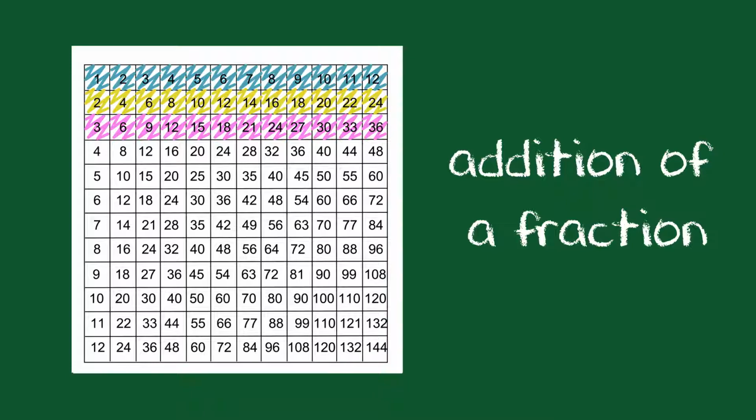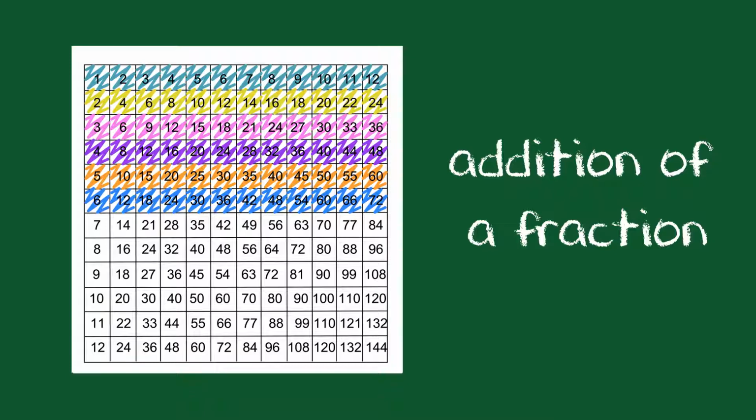We're gonna break it down now cause we in the mix. 4, 8, 12, 16, 20, 24, 28, 32, 36, 40, 44, and 48. 5, 10, 15, 20, 25, 30, 35, 40, 45, 50, 55, 60. 6, 12, 18, 24, 30, 36, 42, 48, 54, 60, 66, 72.